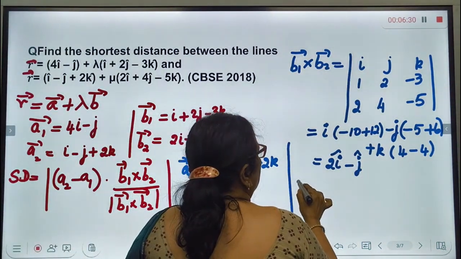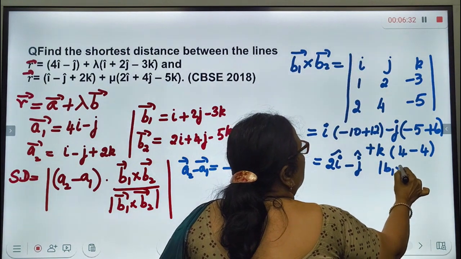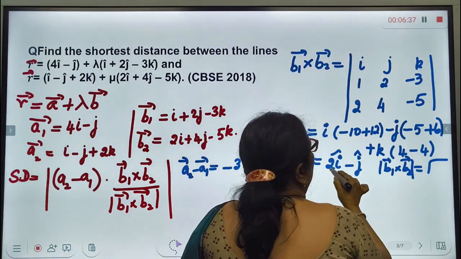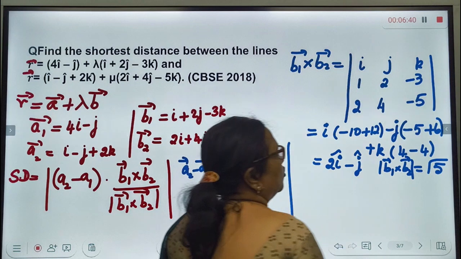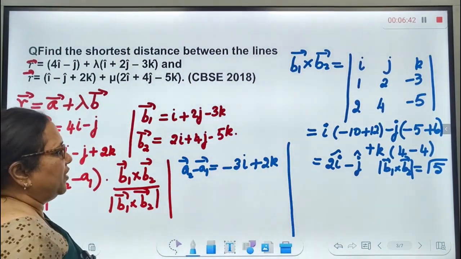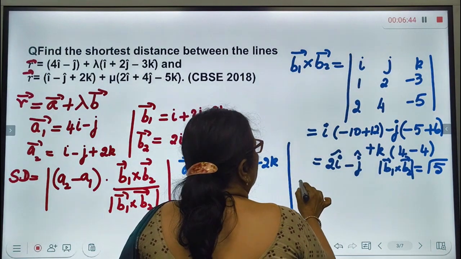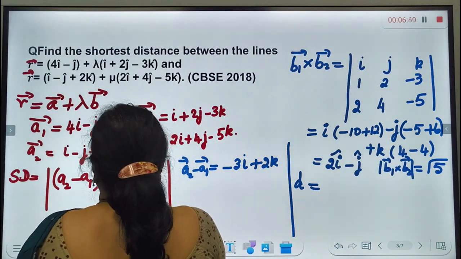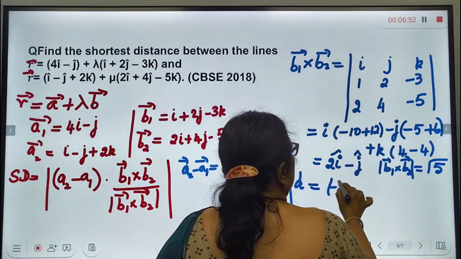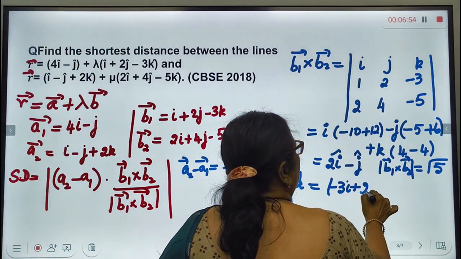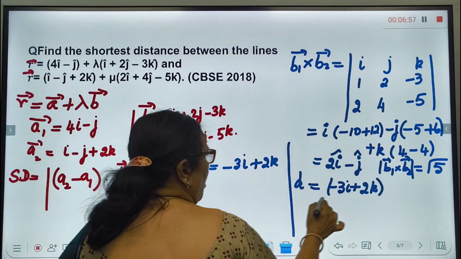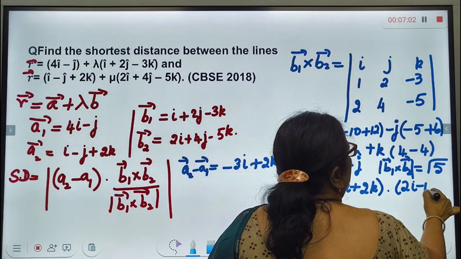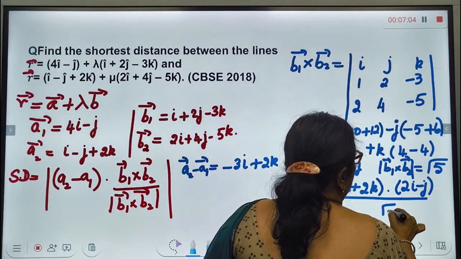Now what is modulus of b1 cross b2? It will be root of 2 square plus 1 square, which is root 5. Therefore the shortest distance will be, this is the formula, a2 minus a1, which is minus 3i plus 2k, dot b1 cross b2, which is 2i minus j, by root 5.